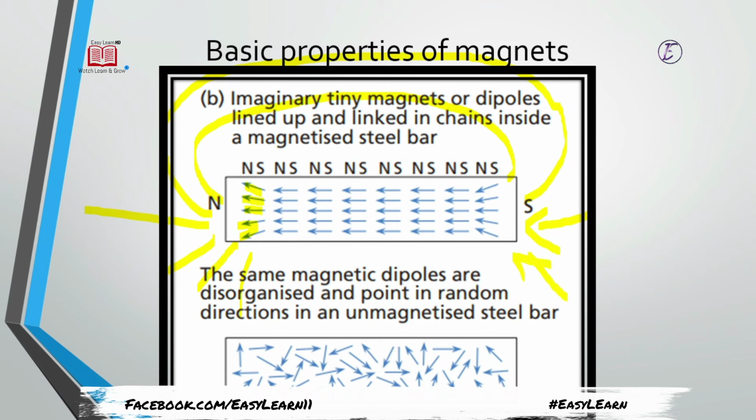Magnetic lines of force are always found in line in a particular pattern, as you can see here that all lines are in line.